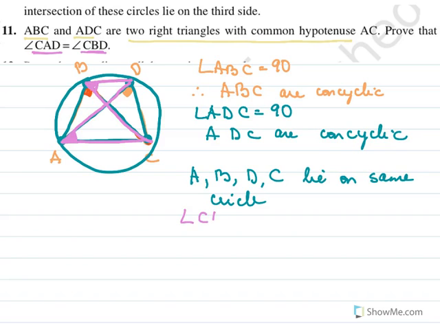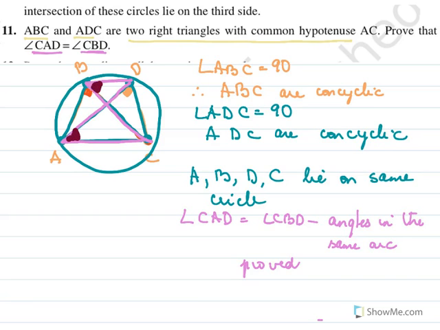So angle CAD will be equal to angle CBD, angles in the same arc. So they will be equal, and we have proved that these two angles are equal because they're angles in the same arc.